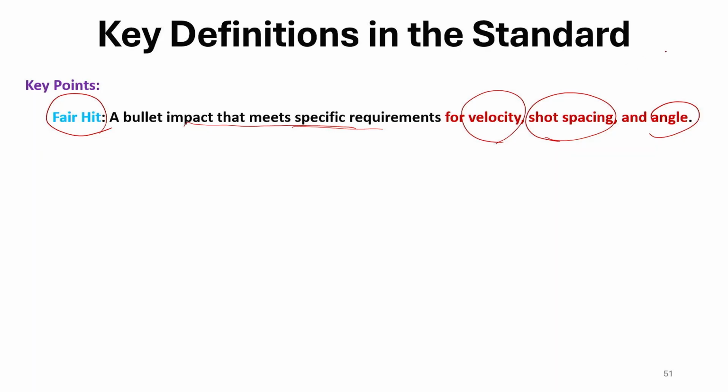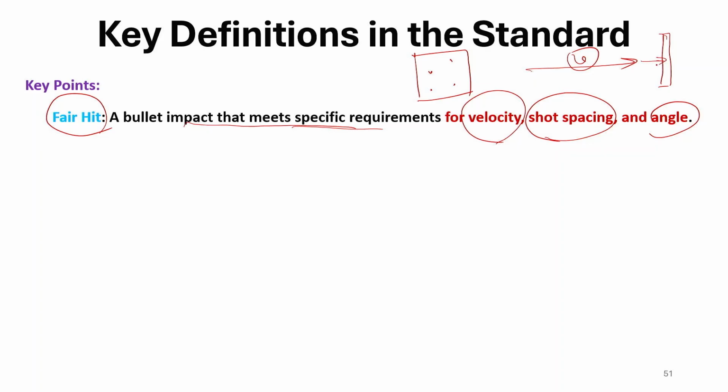Like this is our armor which we are testing. The bullet velocity V should be taken into consideration, and also the spacing between consecutive hits has to be considered, and the angle.